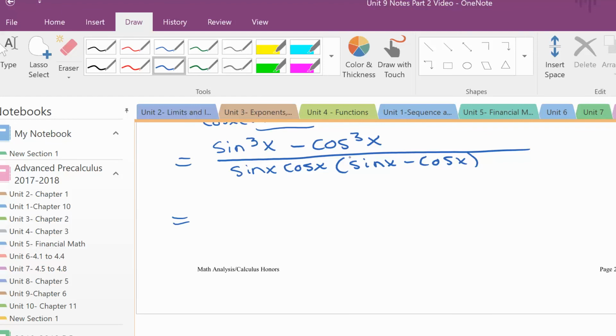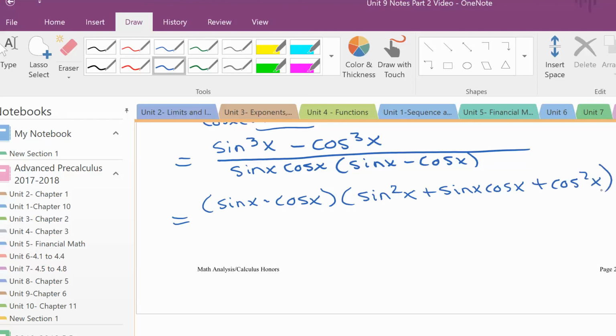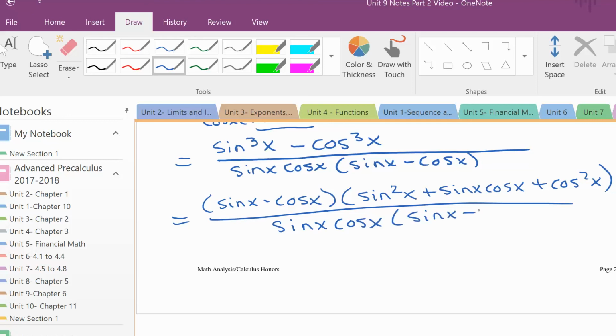It's a difference of 2 cubes. It's sine x minus cosine x times sine squared x plus sine x cosine x plus cosine squared x all over sine x cosine x times sine x minus cosine x.